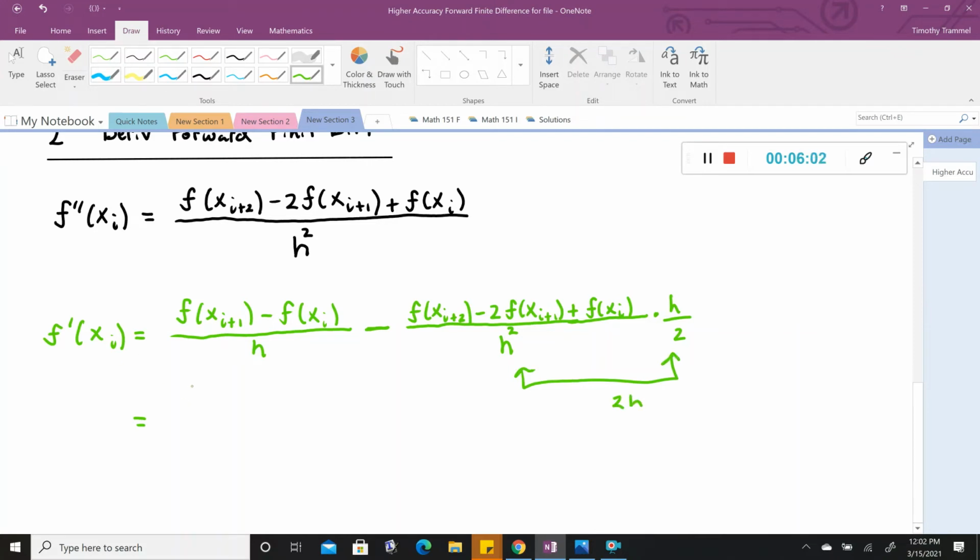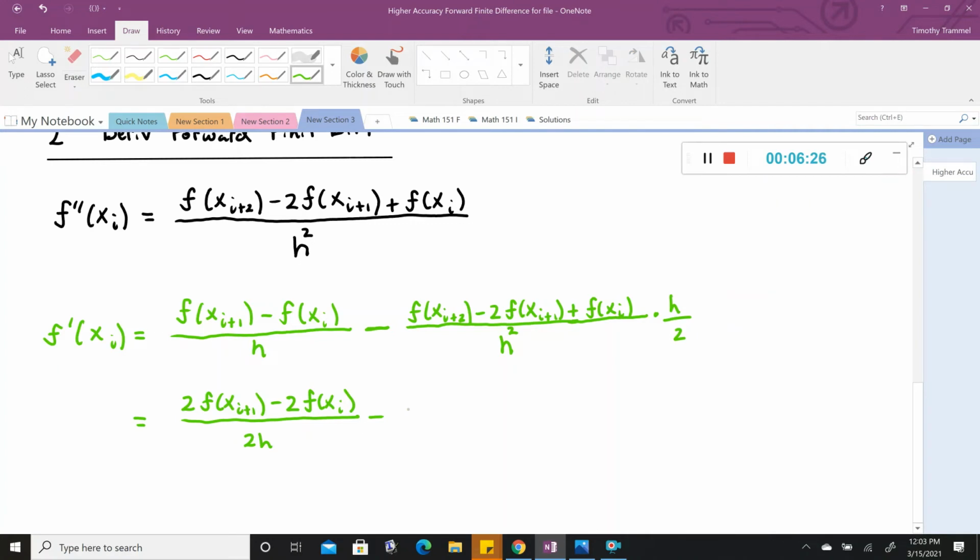So I'm going to try and add these things together, but in order to do that, I'll need that common denominator 2h. So I'm going to multiply this first fraction here by 2 over 2. Okay, so there's that.